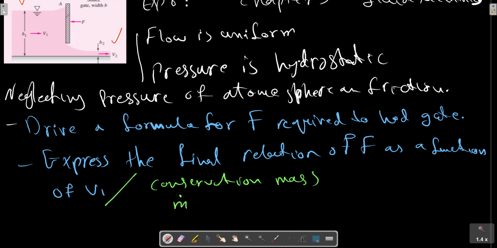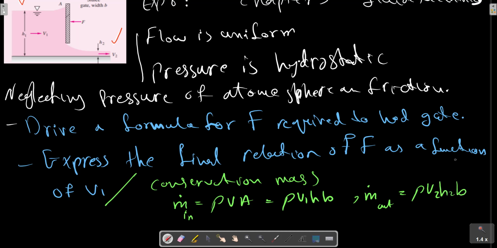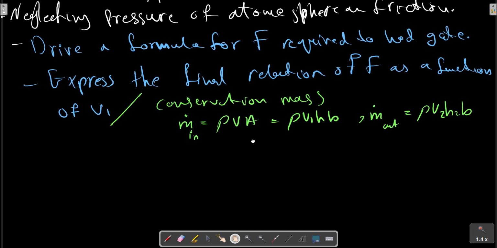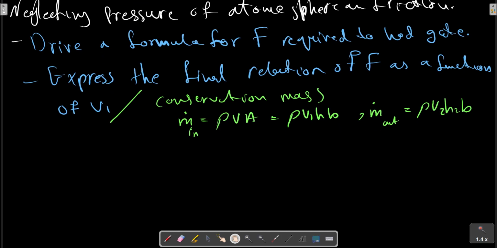So m dot equals rho 1. Rho is equal for both because there is one fluid. Rho V A, rho V1 H1 B, and also m dot out equals rho V2 H2 B. So now we can have a relation between V1 and V2 with the expression m dot in equals m dot out.